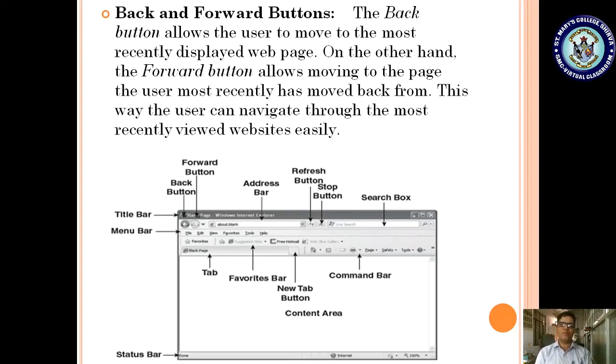So here by using the back button, the most recently displayed web page will go one step back, and if you click the forward button, it will move to the web page you most recently moved back from. This way the user can navigate through the most recently viewed websites easily. By using this back and forward button, I can easily navigate my website, either backward or forward.